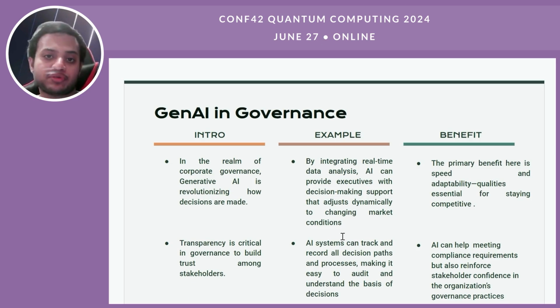Basically, AI allows real-time decision making with a higher degree of accuracy and less bias than traditional methods, provided the data that was used in training is itself fair. It also supports a dynamic governance environment where strategic decisions are informed by up-to-the-minute data analysis, enhancing responsiveness to market or internal changes.